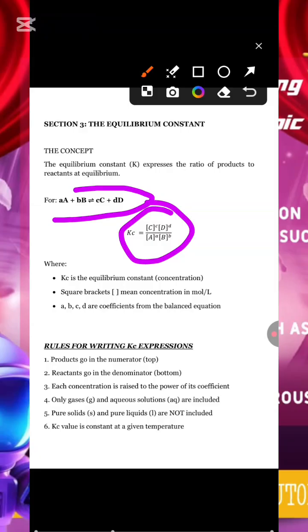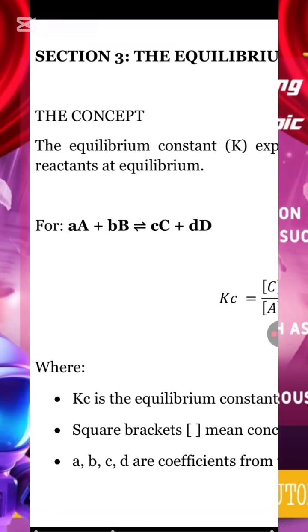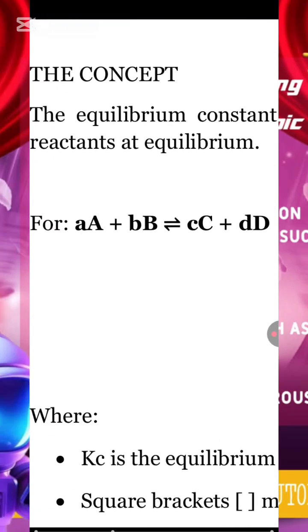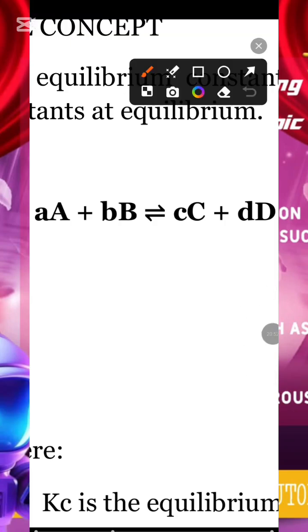Now, the powers of the products and the reactants are their coefficients. Let me zoom in for better understanding. Okay, now let's zoom into this particular equation. This is reactant A. This is reactant B. This is product C and this is product D. Now observe.